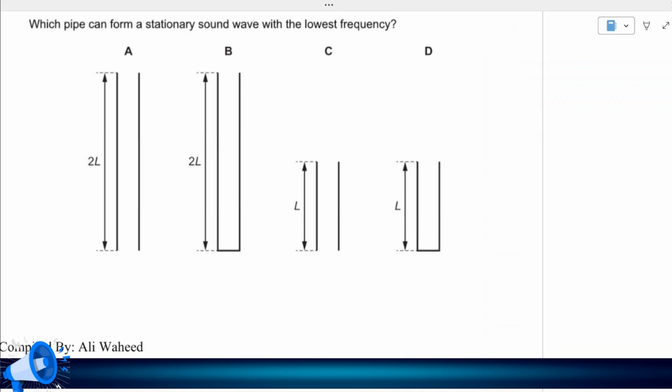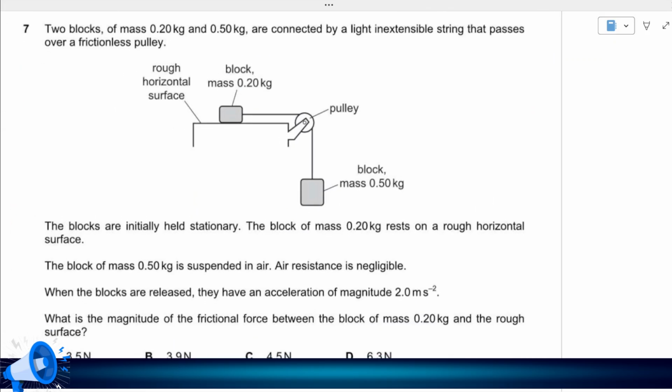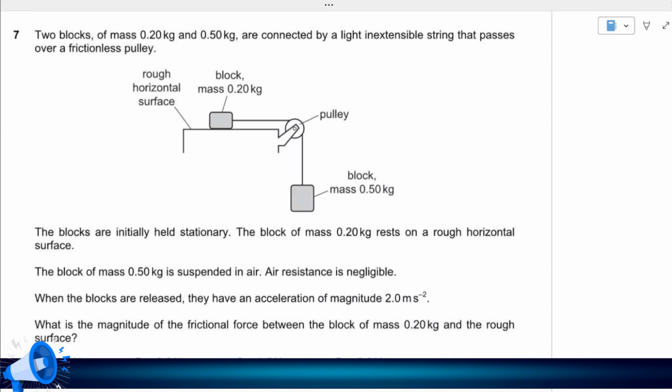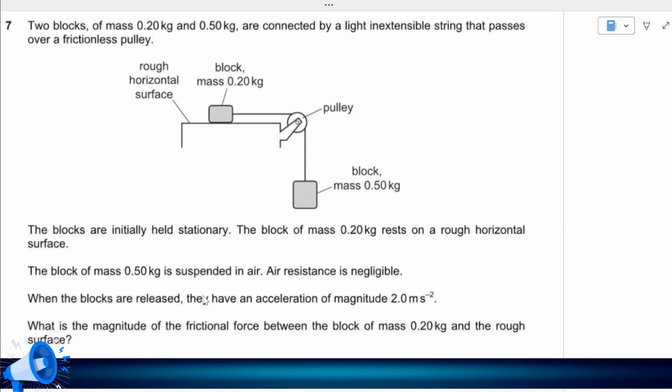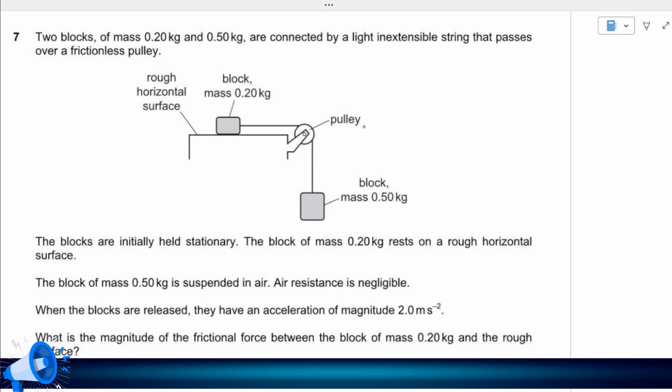Okay, this is where I'm going to skip these two for a moment. Let's take a look at this one. We need to find the magnitude of the frictional force. So in this question, they accelerate, so we need to use F resultant equals ma, and we have to apply this expression first for the block 0.20 and then for the block 0.50.